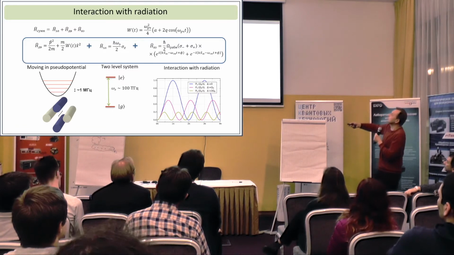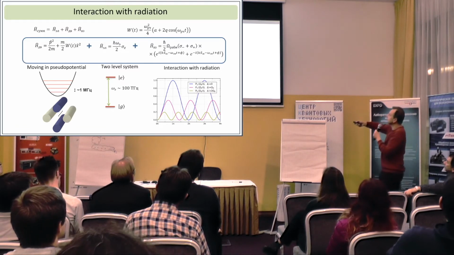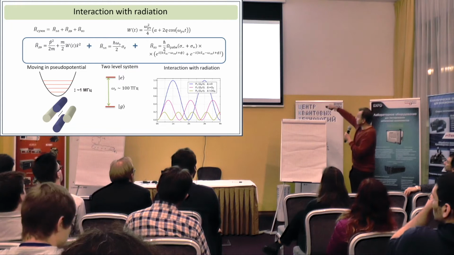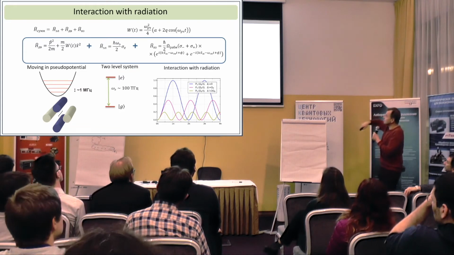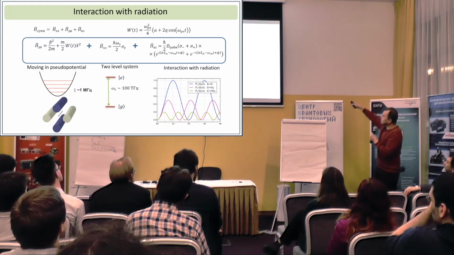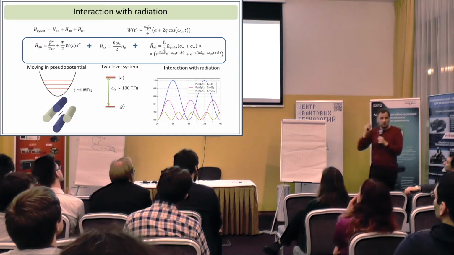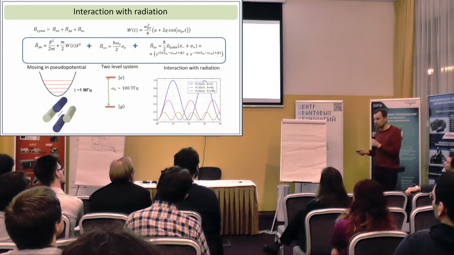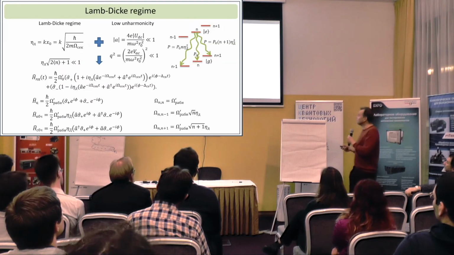Okay, we consider it as a two-level system for simplicity, and then we add interaction with, for example, external radiation, which excites this two-level system. Generally, the Hamiltonian which we write here starts to be quite complex. So if you straightforwardly want to solve it, it's not very easy.